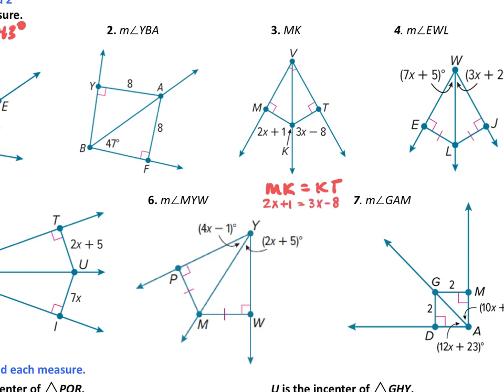Simplify and find out that x is going to equal some number. If I had to guess, x is going to equal 9. Doing your inverse operations, come back in here and plug that value in. It would be 3 times 9 minus 8. So 27 minus 8 is going to be 19.